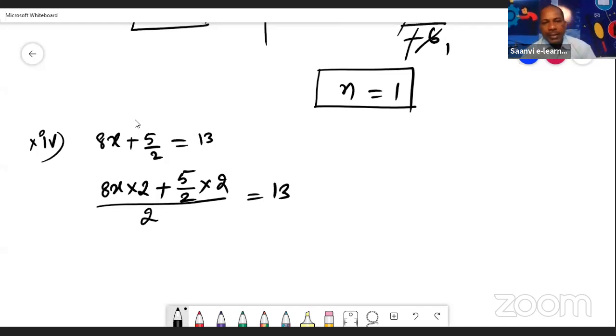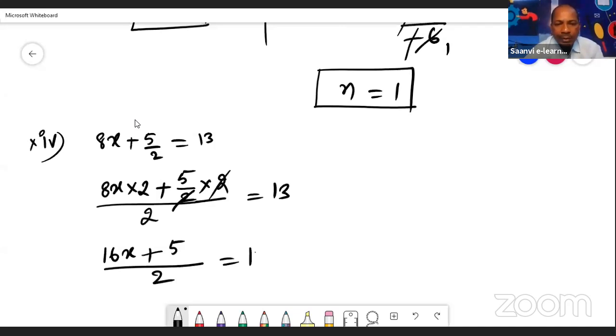So here multiply it first: 8 2s are 16 and x also is there, it means 16x. 8x into 2 is 16x, plus, here 2 gets cancelled. The remaining value is 5, that is equal to 13.